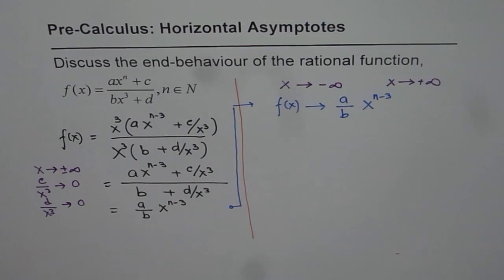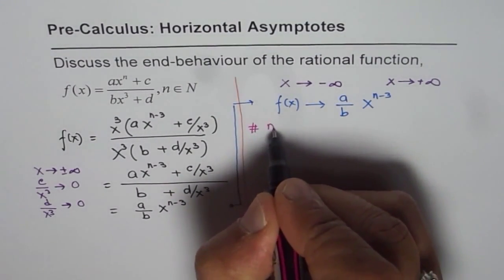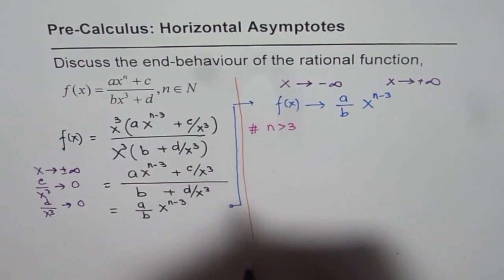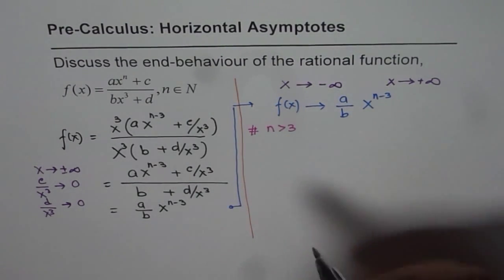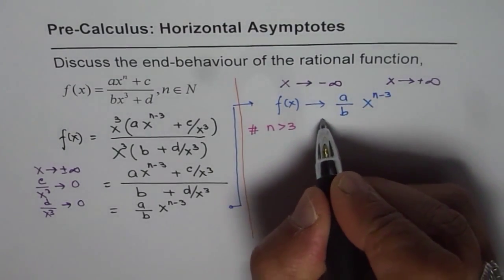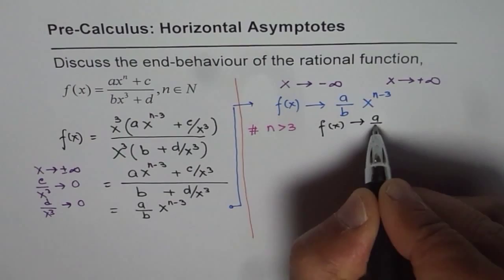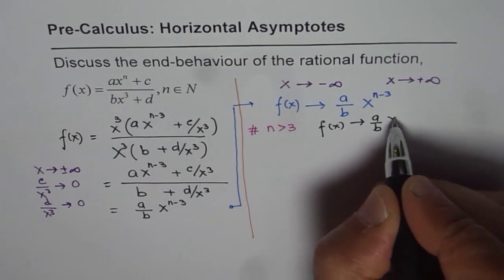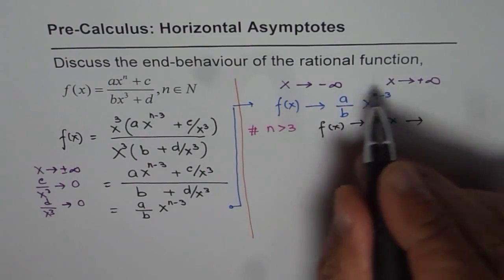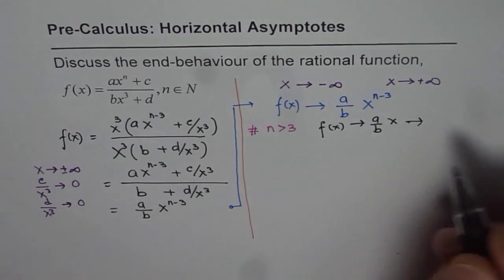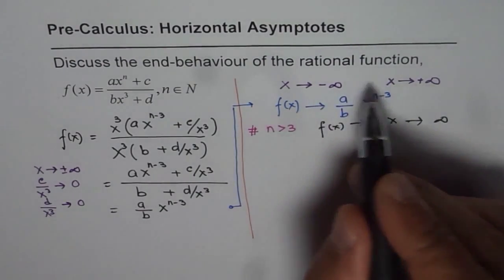So let's have three different conditions for this. Condition number 1 is when n is greater than 3. So if n is greater than 3, even if it is 4, in that case f of x will be approaching a over b x. Now since x is infinitely large, plus or minus, this is also approaching infinity depending on minus or plus.